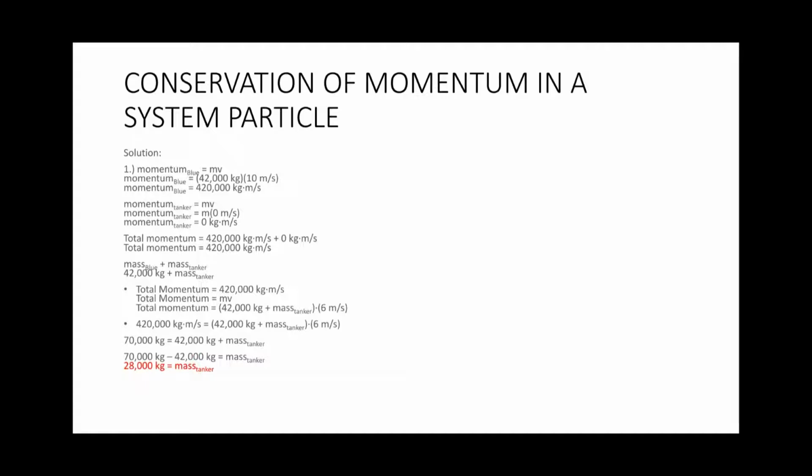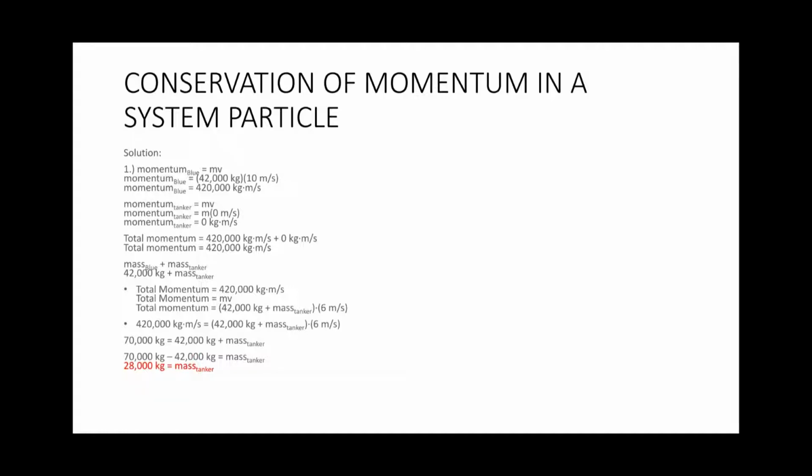The total momentum formula is mass times velocity. So 420,000 equals 42,000 plus the mass of the tanker, which is the unknown, multiplied by the new velocity of 6 meters per second.